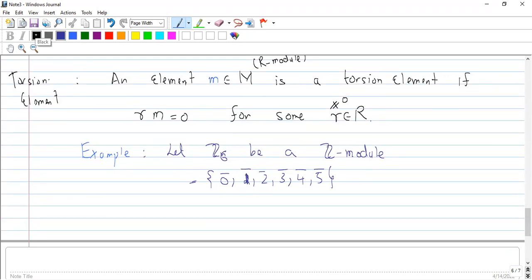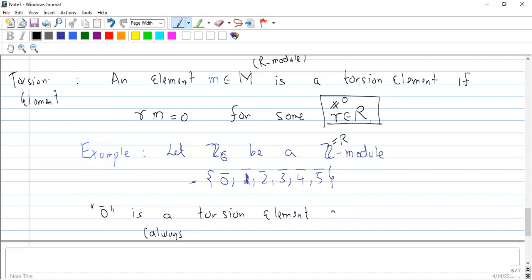You can check that 0 bar is a torsion element, because if I multiply it with any element of the ring, I will always get 0 bar. So 0 is always a torsion element.